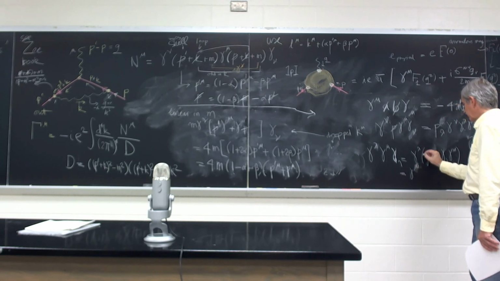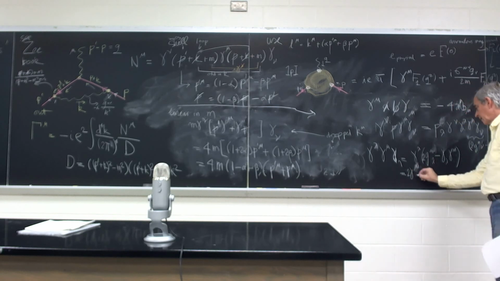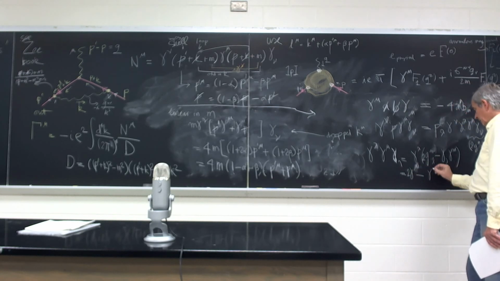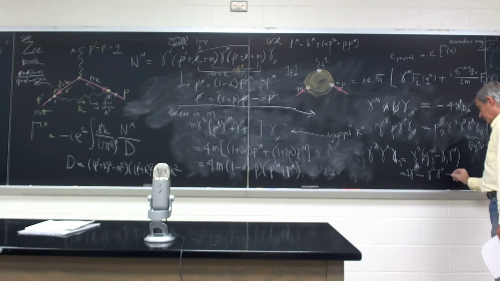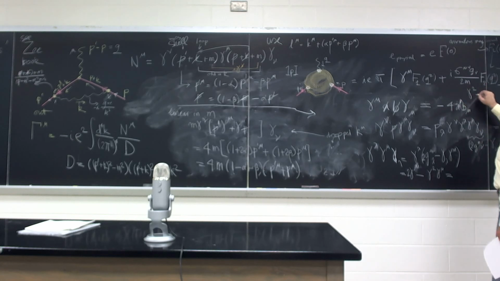There was a 2 here, 2 times minus gamma squared gamma mu. This is 1, right? So this is 2. What is it? No, I mean, each gamma squared. What is gamma squared? One. No, 4. Four. 1 or 4? It's a matrix. I hope it's 1, but you have to help me with that.